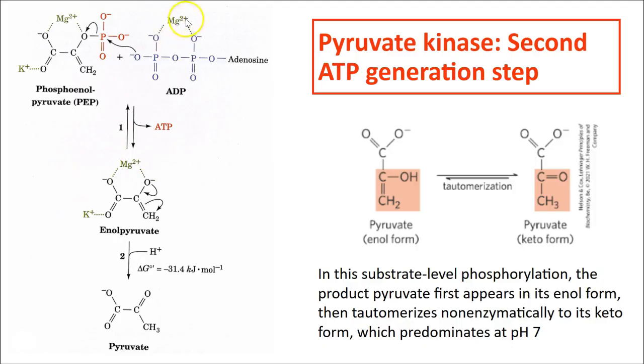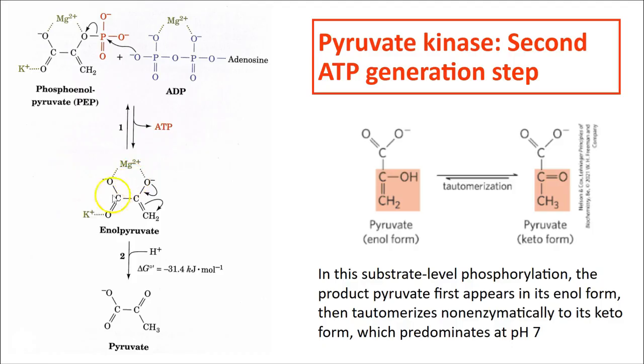Once again, you have that magnesium that is acting as a shield. And now the oxygen can do a nucleophilic attack on the phosphate atom that is part of the phosphoenol pyruvate. And now we have ATP that is released.